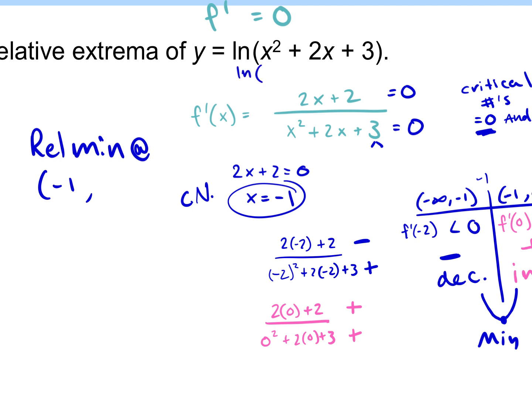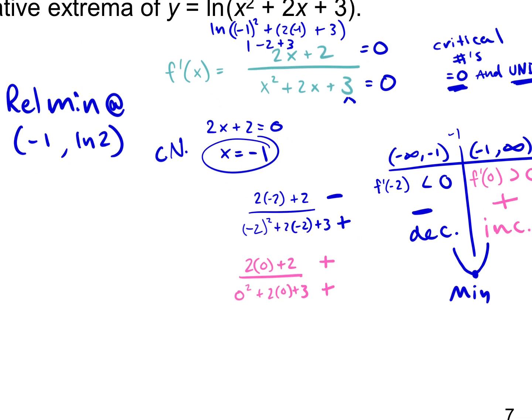So the ln of -1 squared plus 2 times -1 plus 3. So this would be 1 minus 2 plus 3 would be 2. So the ln of 2 would be our y value. So to find our y, we found f of -1. We plugged it into the original.